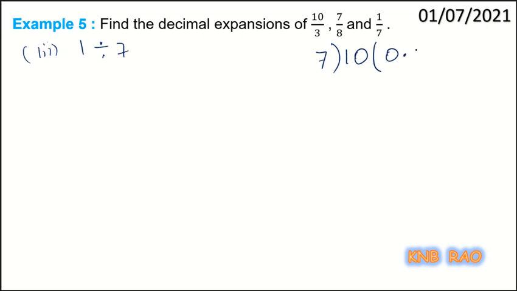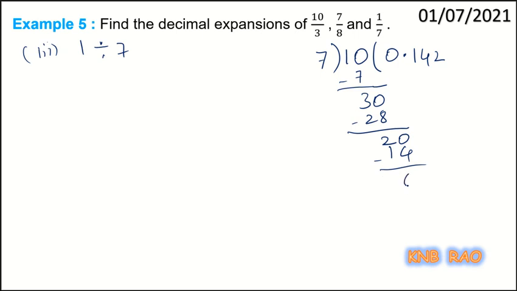So, in the decimal portion 7 ones are 7, 10 minus 7 is 3, 30 it becomes now. So, 7 4s are 28, and 30 minus 28 is 2, it becomes 20 now. 7 2s are 14, and 20 minus 14 is 6, it becomes now 60. 7 8s are 56, and 56 subtracted from 60 gives you 4.